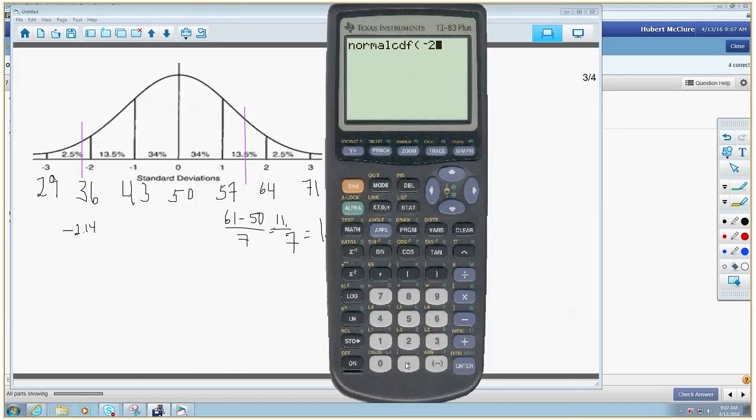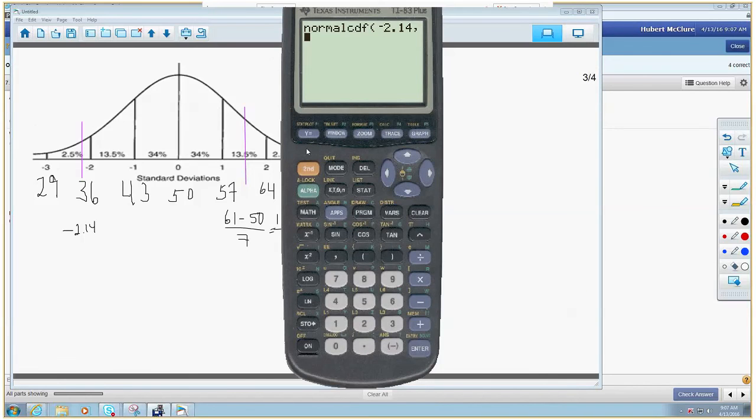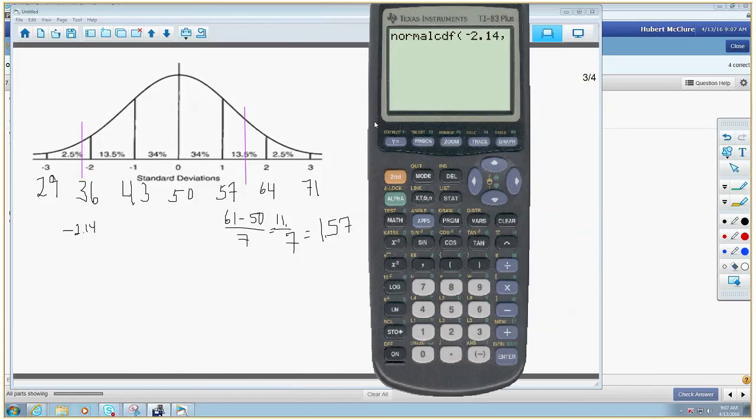negative 2.14, comma, 1.57. Mr. Cathy, you don't have that on your vehicle, do you? What do you drive, Mr. Cathy? Okay. Oh God, another bow tie. Oh, these people with these bow ties. 0.9256.